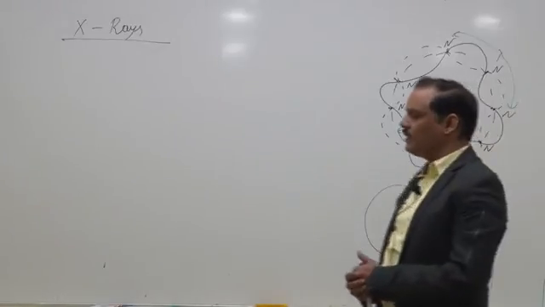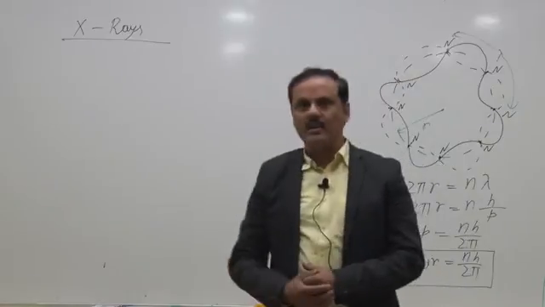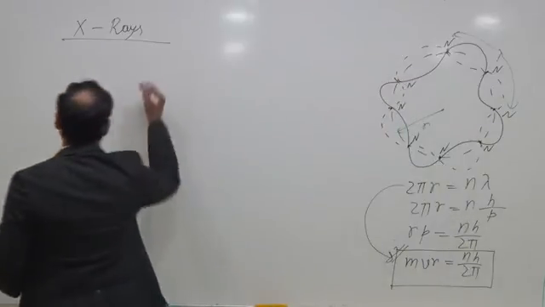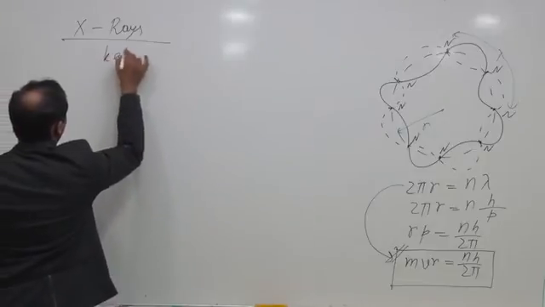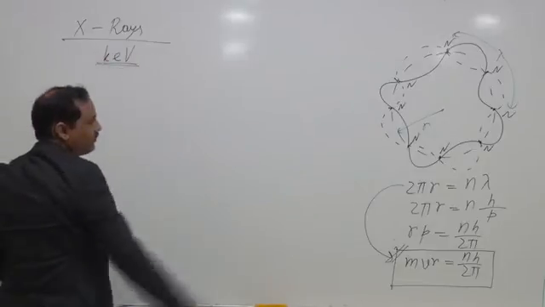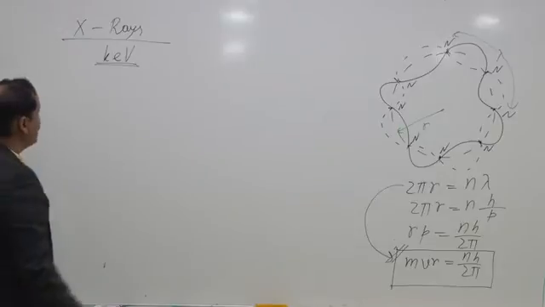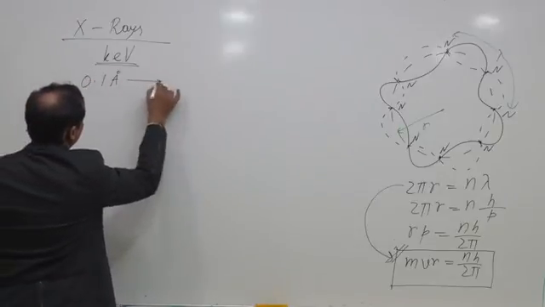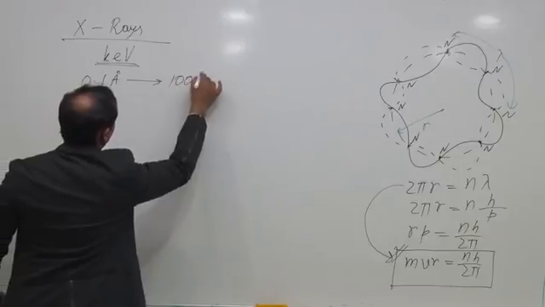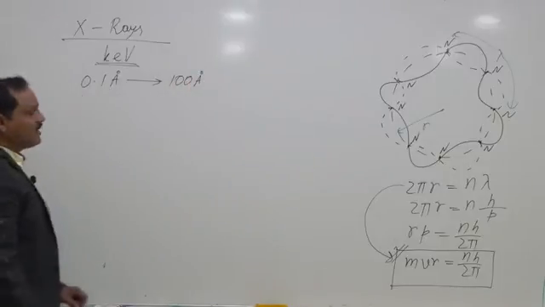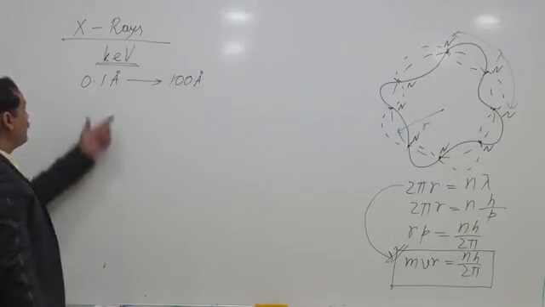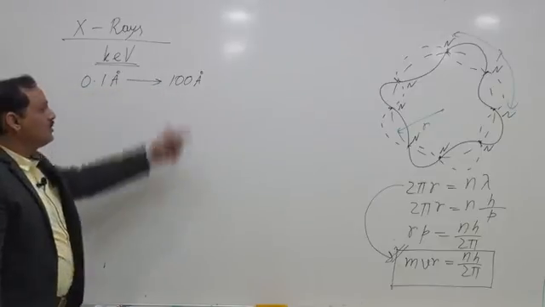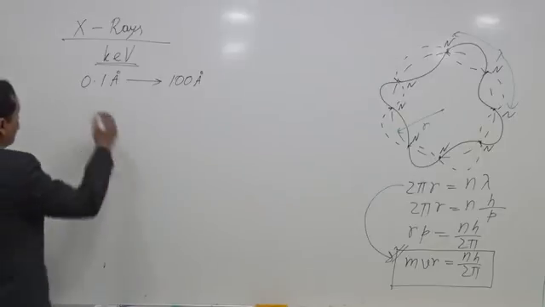X-rays are electromagnetic waves of high energy. They are of energy of the order of kilo electron volt. Their wavelength ranges from 0.1 angstrom to 100 angstrom. That is the range of their wavelength.